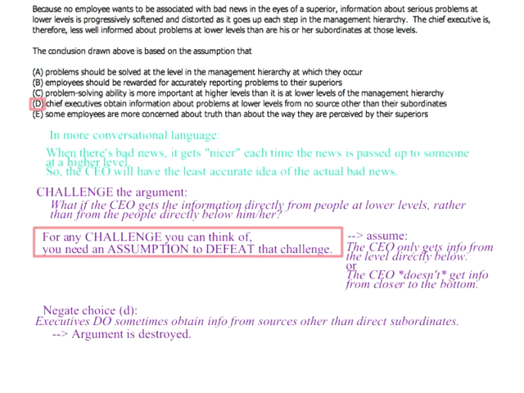Then we go from bad news to serious problems. You might potentially have something that would capitalize on the difference between serious problems and just problems. That is somewhere they could go, although they didn't go there in this argument.